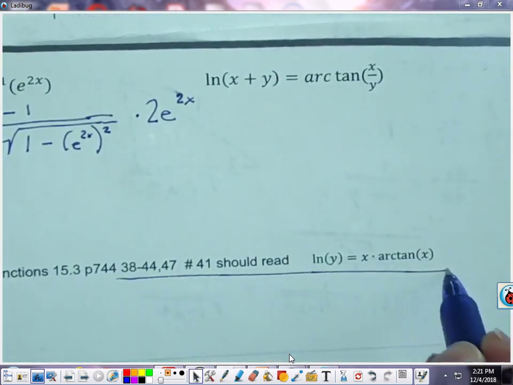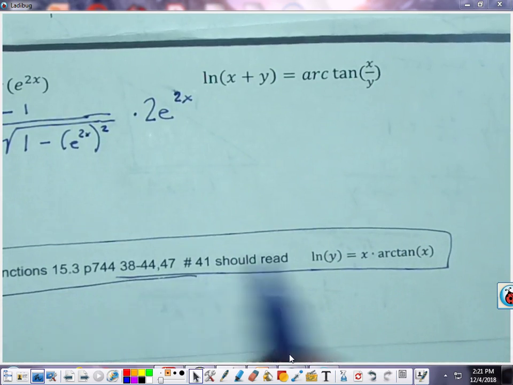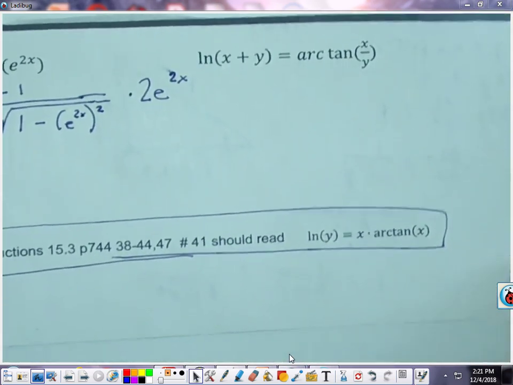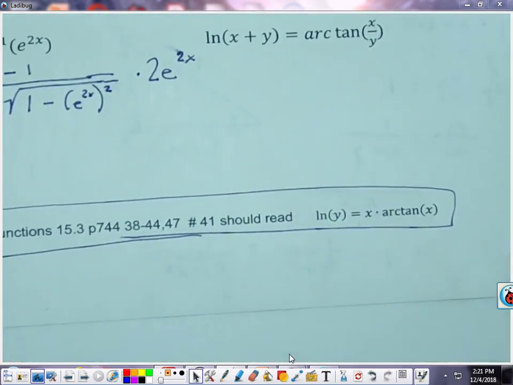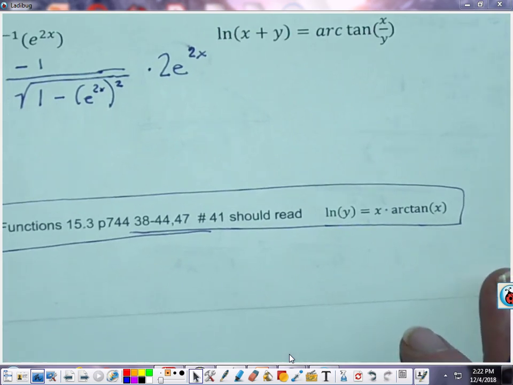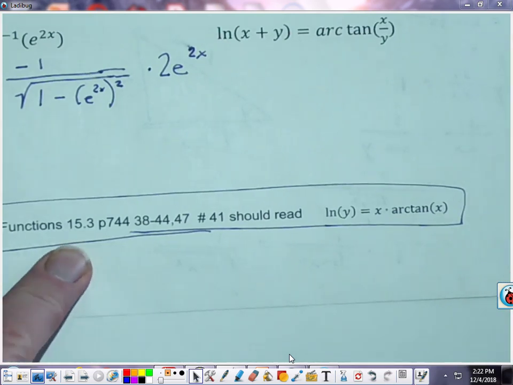This is the homework. They did number 41 wrong. You don't know how to do number 41 anyways. Well, you sort of do. But any of the ones that are implicit, I just didn't finish showing you how to isolate. So as long as they give you f of x and you want f prime of x, but we'll spend some time on it tomorrow. So inverse trig, I'd like these turned in separately, even though they're both from 15.3.